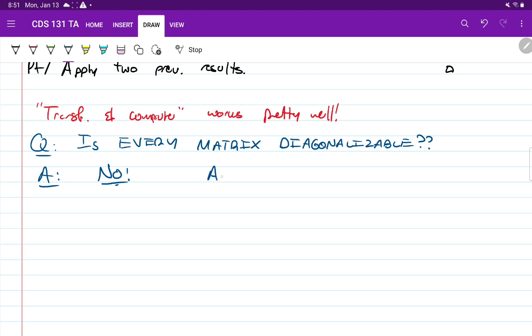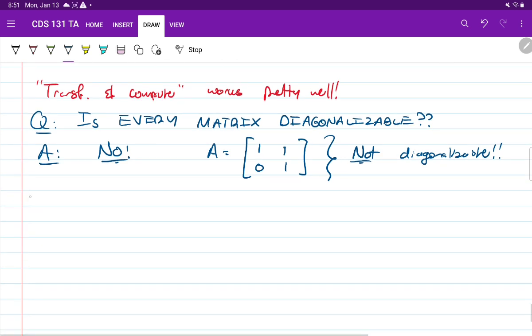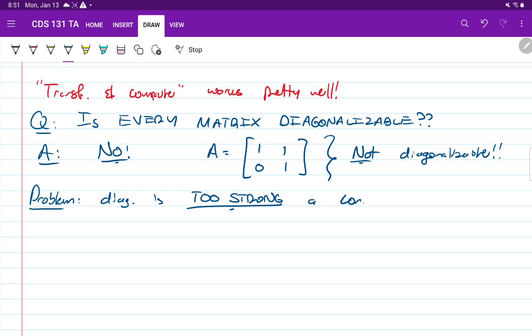So let me give you an example. If you take the matrix A equals [1, 1; 1, 0], this is not diagonalizable. So the basic problem here is diagonalizability is too strong a condition. Okay?